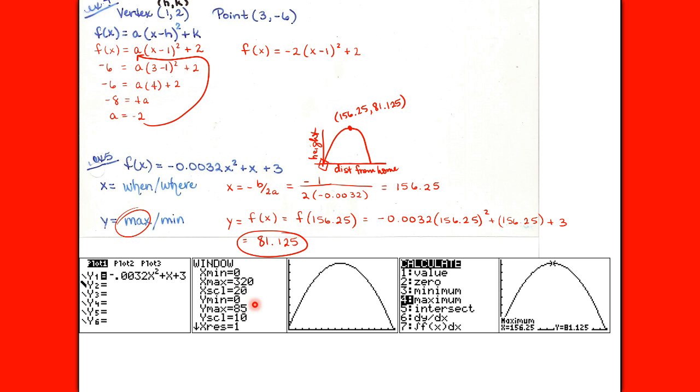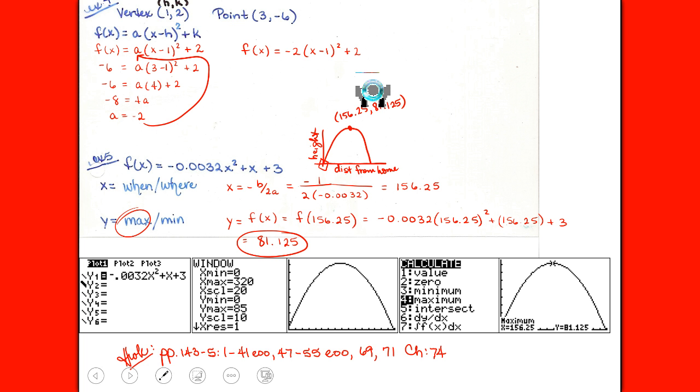Then I'd be able to see that graph. Then I could go to second trace, my calculate menu, choose option number 4, my maximum, and that prompts me for the left boundary, the right boundary, and the guess, and then it will give me that exact same ordered pair that we had up here. Okay, so just a review of how we do that.